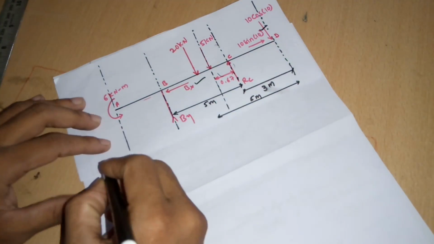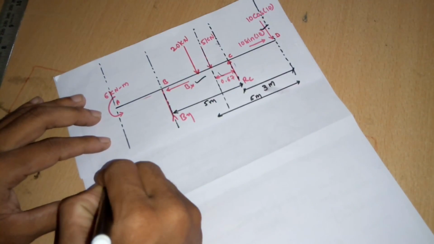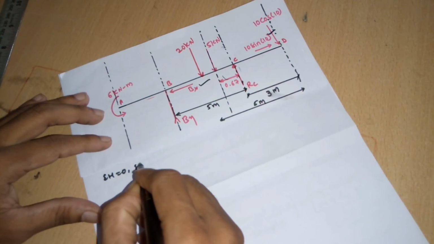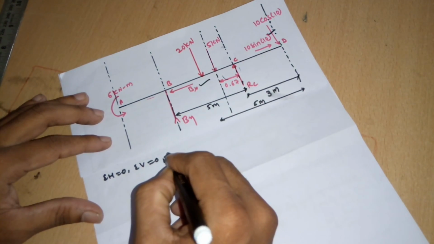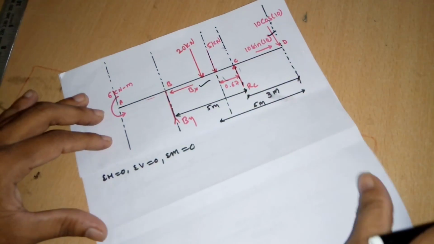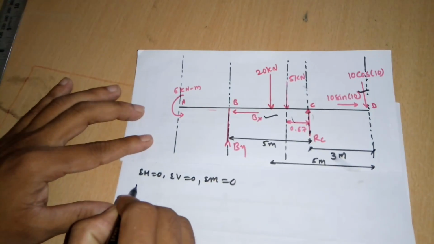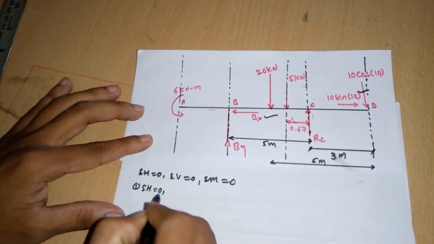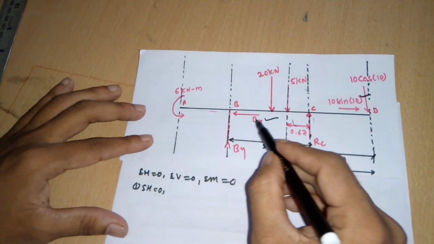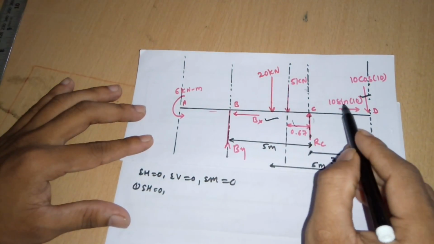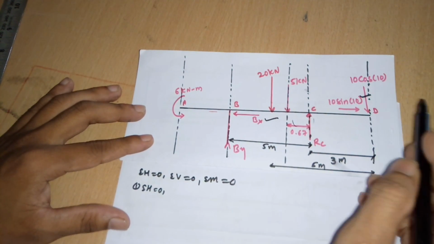Let's use the equilibrium equations. Those are summation of H equals 0, summation of V equals 0, summation of moment at any point equals 0. So use the first one, summation of H equals 0. Here there are two horizontal forces. One is Bx moving towards the left hand side, and 10 sin 10 moving towards the right hand side.